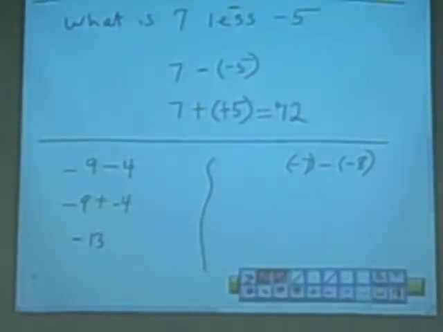Whereas with the other problem, here's negative 7 minus negative 8. Again, we're going to change the minus sign to a plus, change the sign of the next term. And so now we're actually doing what here? Adding or subtracting?